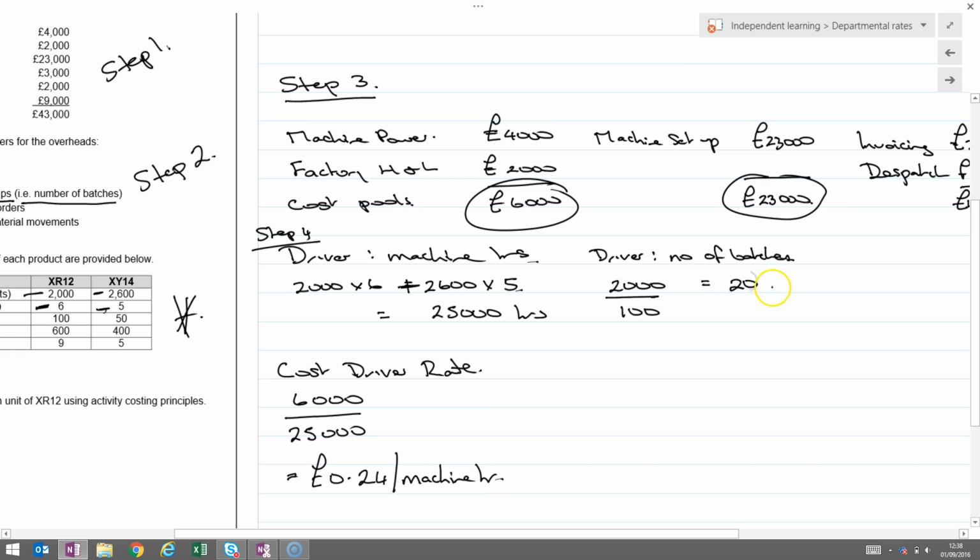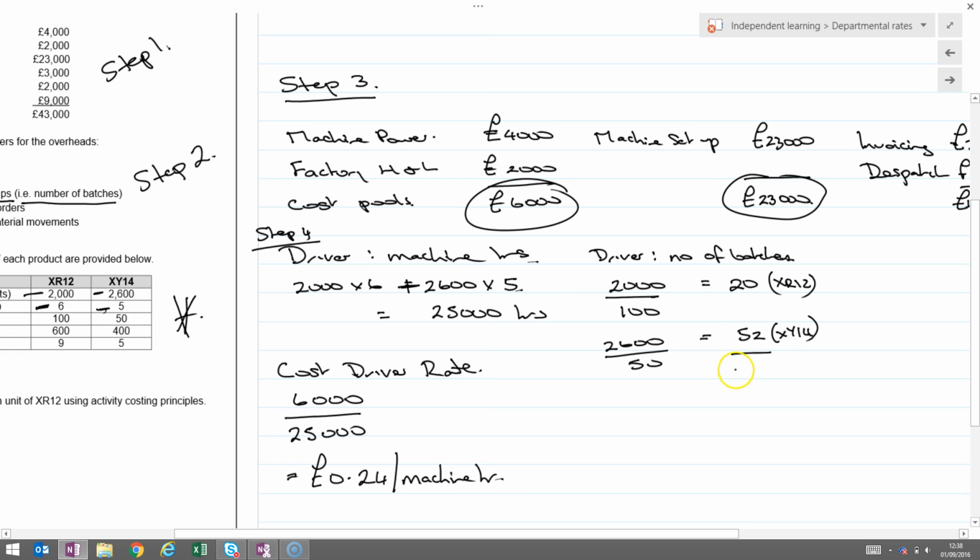So we got 20 of the XR12 and 2,600 divided by 50 gives us 52 of the XY14.